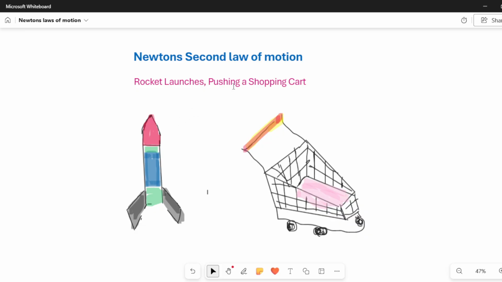We know as the mass reduces, the acceleration increases. So using that concept, as rockets go up and up into the sky, their fuel reduces and the mass reduces, which in turn accelerates the rocket. So that is the concept used for Newton's second law of motion in real life.